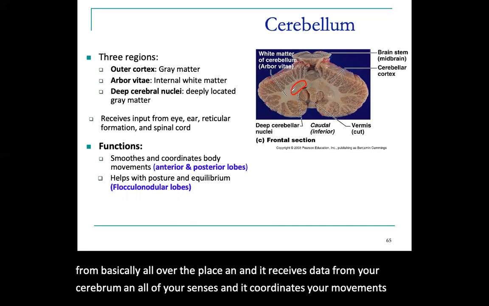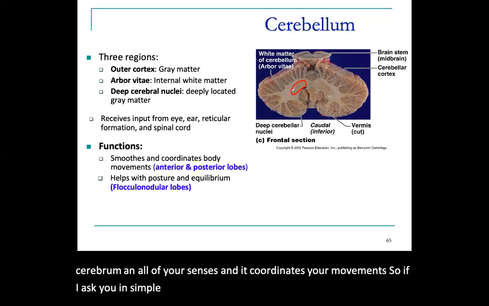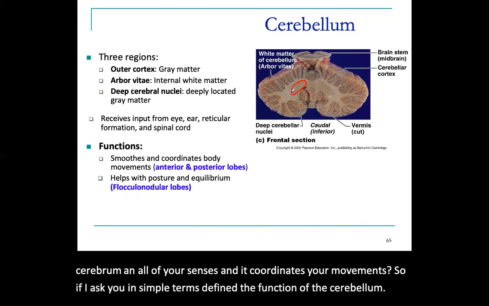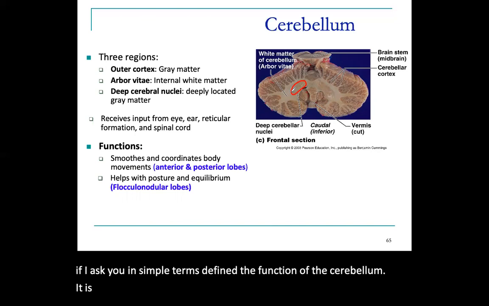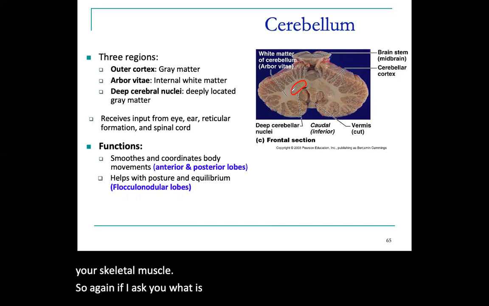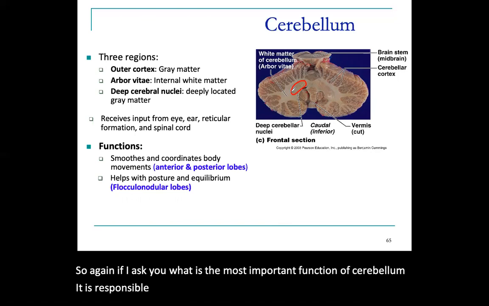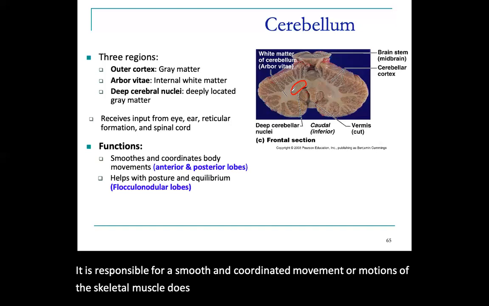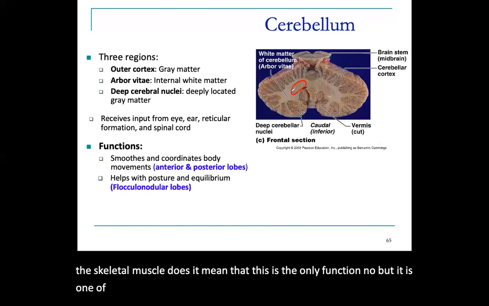So if I ask you in simple terms to define the function of the cerebellum, it is responsible for smooth and coordinated movement of your skeletal muscle. Does it mean that this is the only function? No, but it is one of the most important functions you do need to know for the cerebellum.